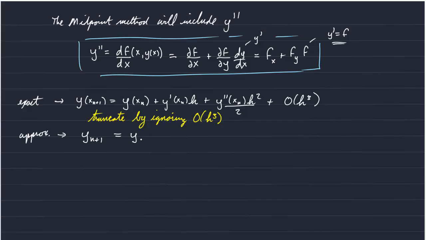And that's equal to y evaluated at point n, y sub n, plus f, which again was our derivative evaluated at x sub n, y sub n, times h, plus 1/2 times our second derivative, which, as we wrote out here, is the partial of f with respect to x, evaluated at our reference point, plus the partial of f with respect to y at our reference point, times dy dx, which is just f.